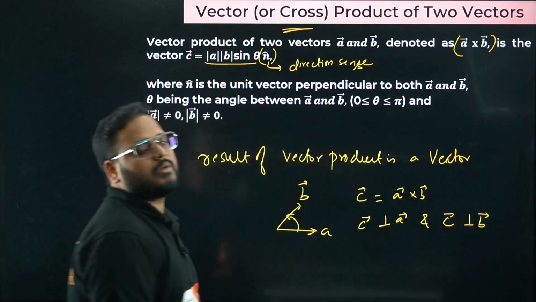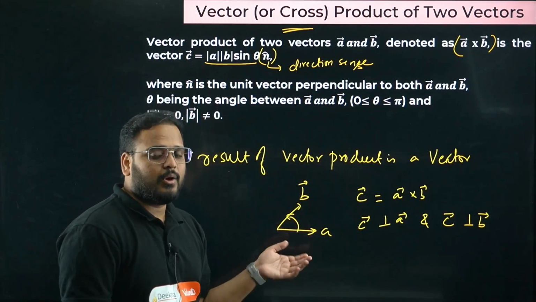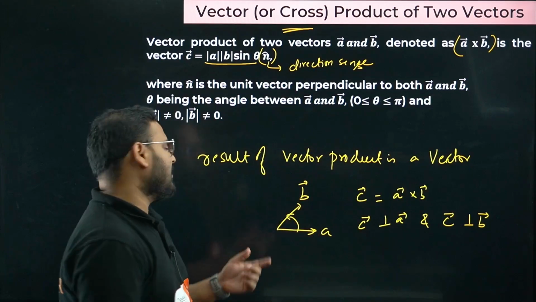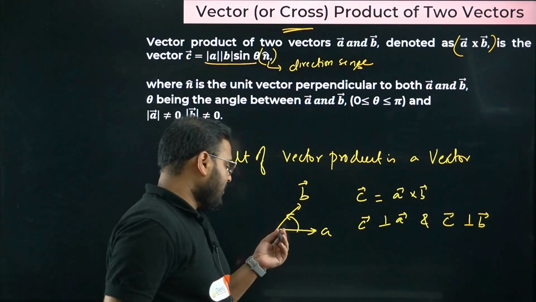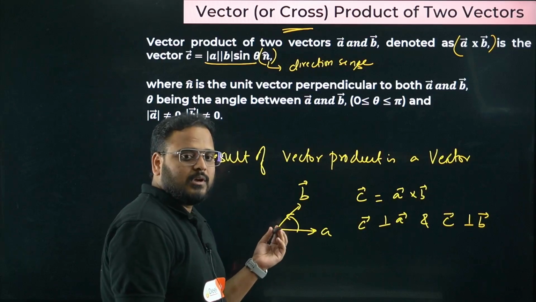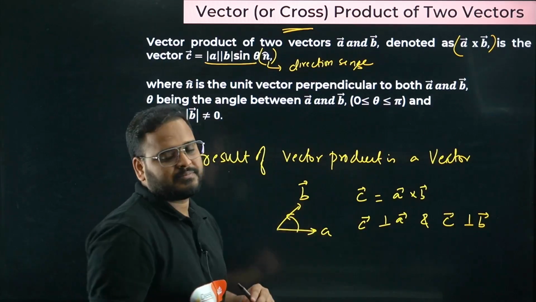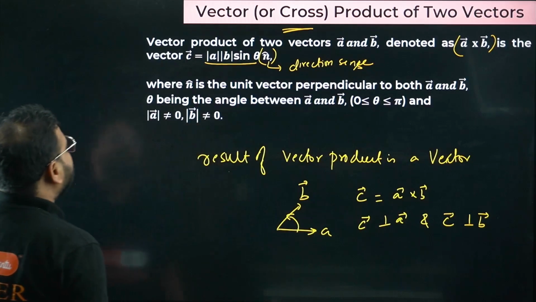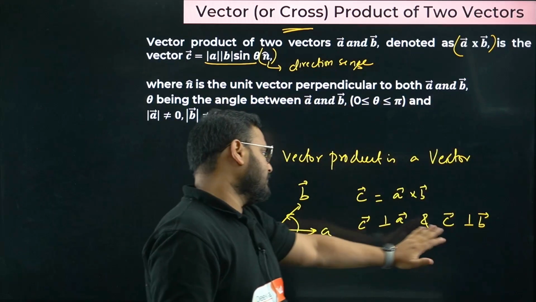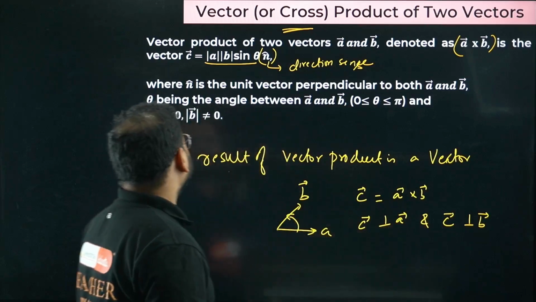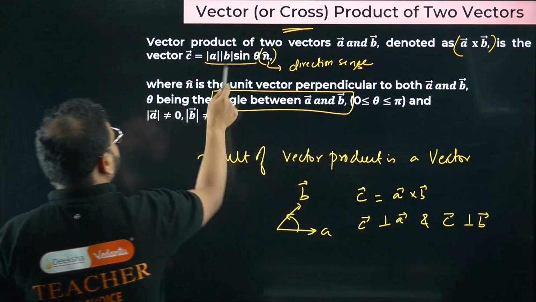Right now A and B are in a 2D plane, but as you take the cross product, the result will come outwards in the 3D plane. If I take B to A, it will go inside, again in the 3D plane. That's why n cap represents the unit vector perpendicular to both A and B, theta being the angle between vectors A and B, so sin theta.